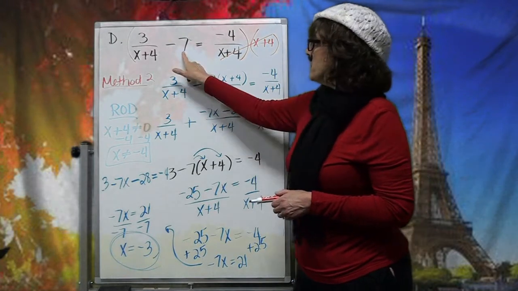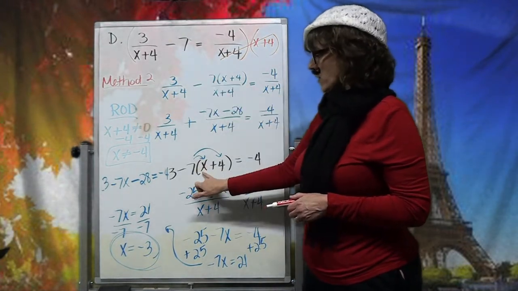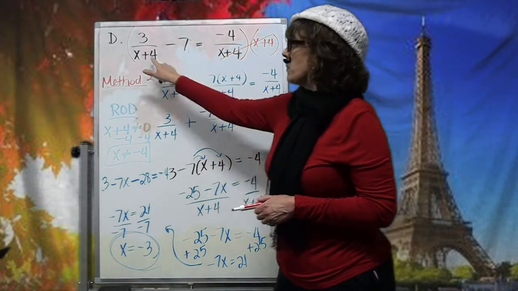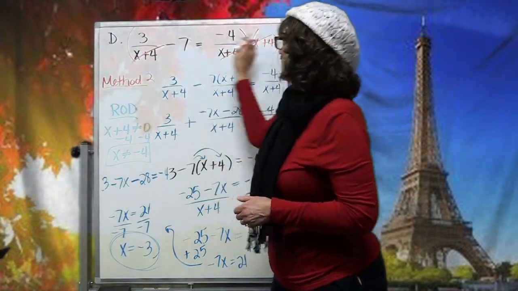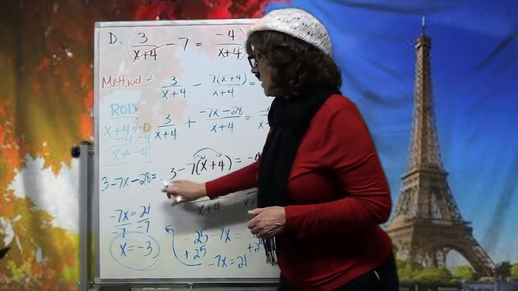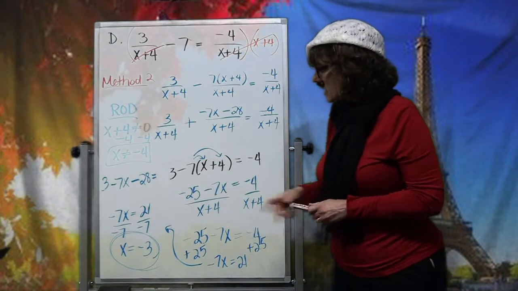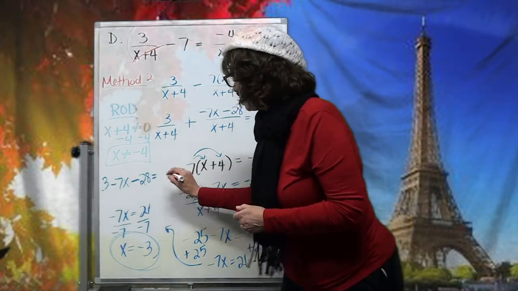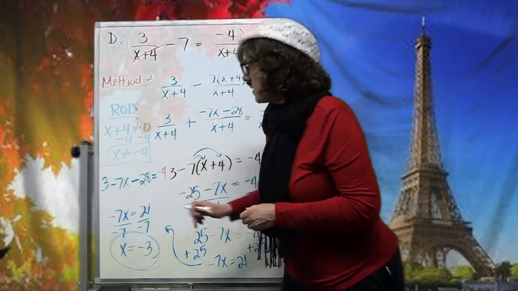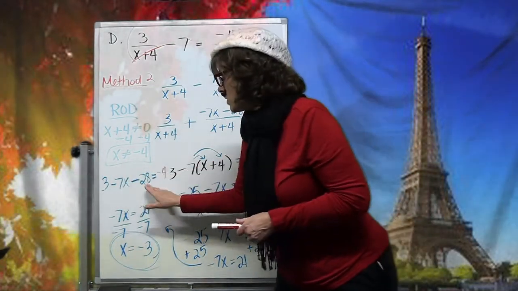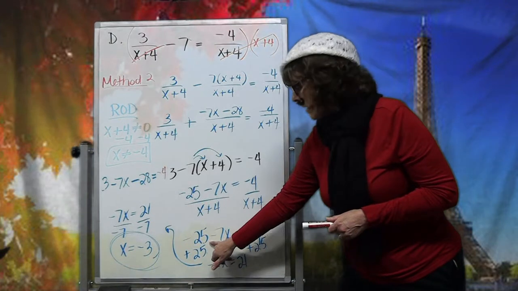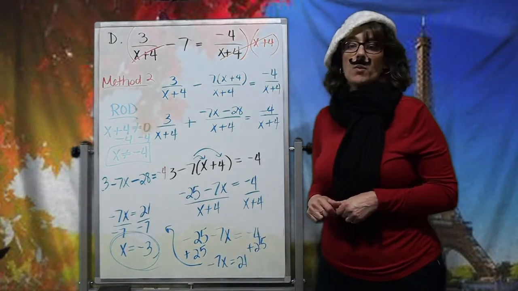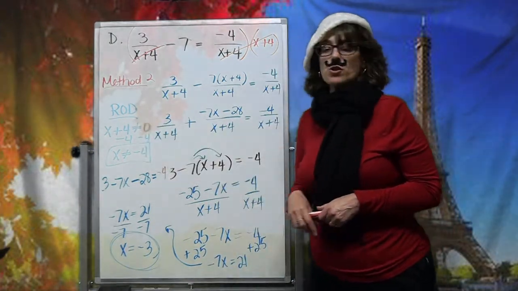When I multiply this by x plus 4, I get this right here. And when I multiply this by x plus 4, they cancel out, and I'm left with a 3. And so yet again, when I distribute that through, I get this equal to my negative 4. And 3 minus 28 is a negative 25, lands me right here. I add that 25 and keep on going. And yet again, check it with a restriction on the domain.